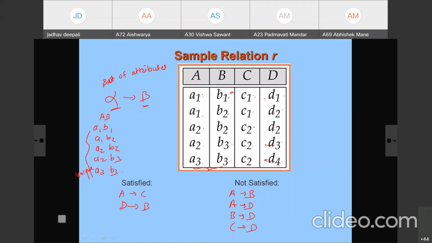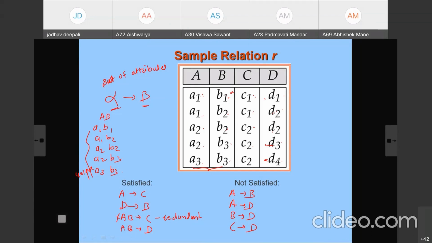And that's why we can say AB tends to C and AB tends to D. All are unique values as we consider AB together. But afterwards, this AB tends to C becomes redundant, and we need to remove it from the functional dependencies. Why?